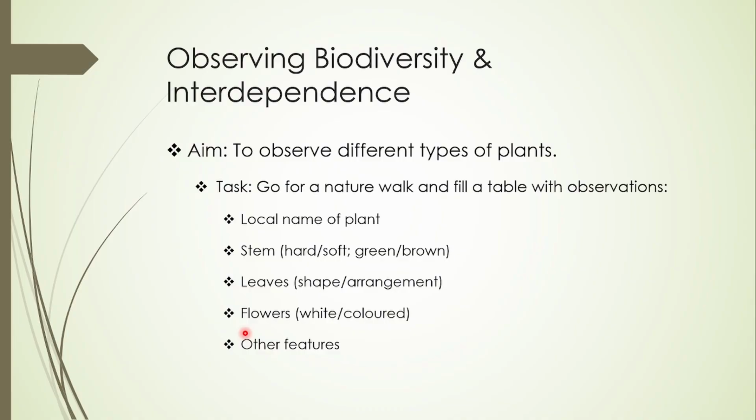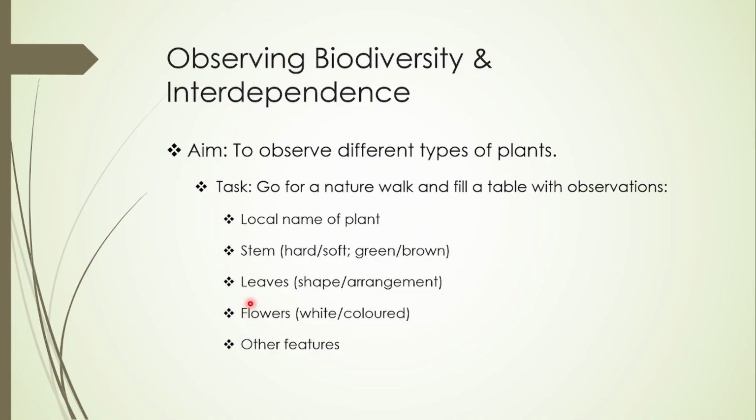Observing biodiversity and interdependency. To observe different types of plants, go for a nature walk and fill a table with observations. Firstly, note the local name of the plant and then what type of stem it has, hard or soft, and whether the color is green or brown.